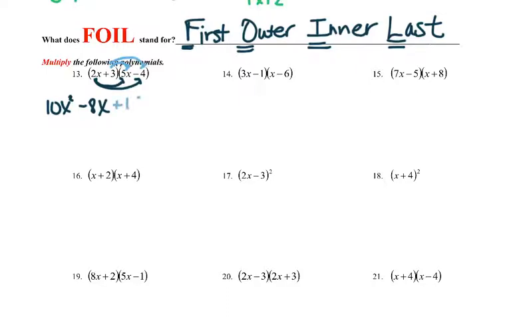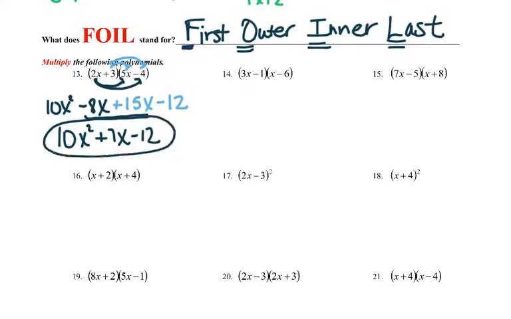So this becomes plus 15x and minus 12. Our inner and outer terms are always like terms, so we would combine those: 10x squared plus 7x minus 12. Ta-da, we have FOILed or multiplied the binomials.